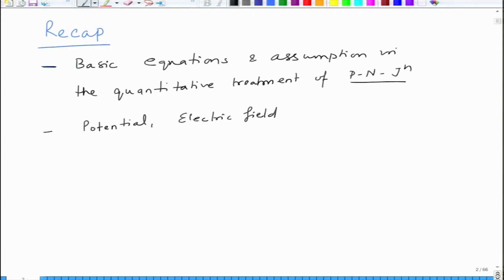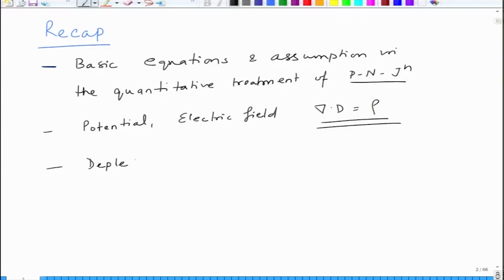One thing you have to remember is that electric field and potential both are continuous because the bands are continuous. So they are not discontinuous at the junction and the interfaces. From those and basic Poisson's equation, which is del dot D equal to rho, we determined the electric field, then the potential, and then we estimated the depletion region width.